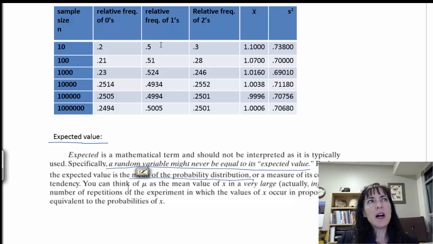So the ones matched exactly our expected value, but the other 2 categories, 0 heads and 2 heads, are not very close to our theoretical probability. So we show over here the mean and the sample variance. And then we come down as we increase the number of experiments, from 10 to 100 to 1,000, 10,000, 100,000, and finally 1 million coin flips.